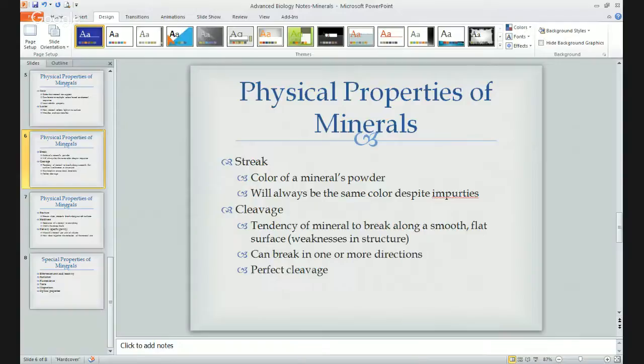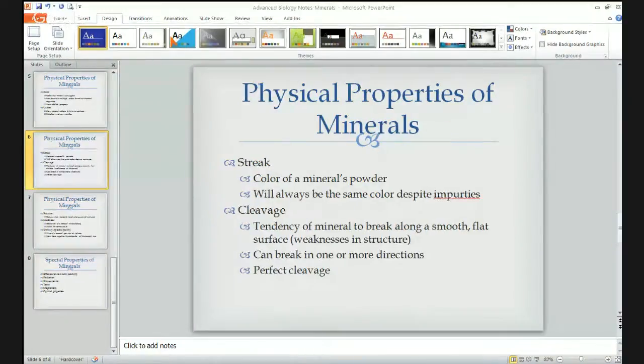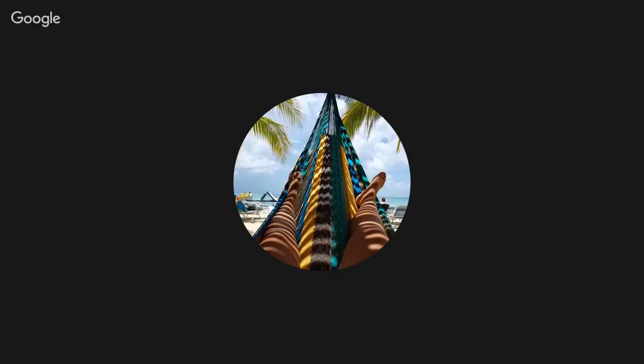So let's see if I can pull this up. I don't know if it'll let me. Let's see what you're looking at. Nope. Okay, I'm going to switch my screen share.